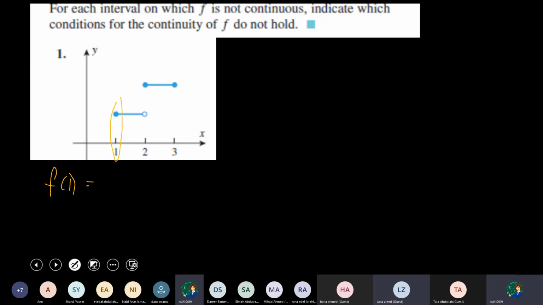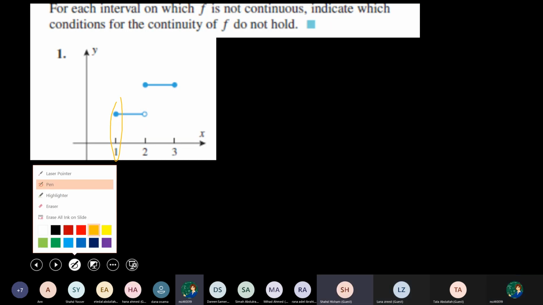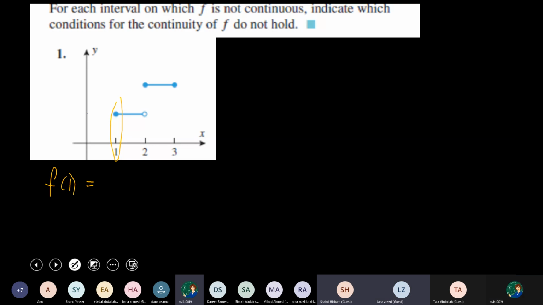f of 1 is equal to what? We don't have values at the y values. Okay, wait, please. So now, it's equal 1. Thank you.